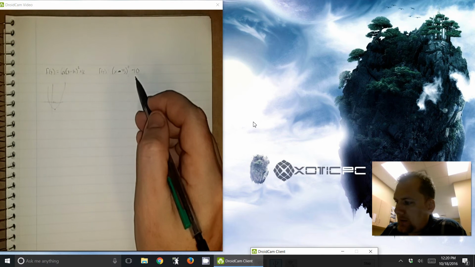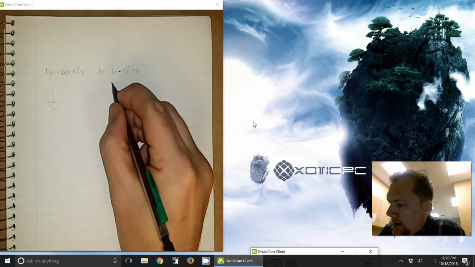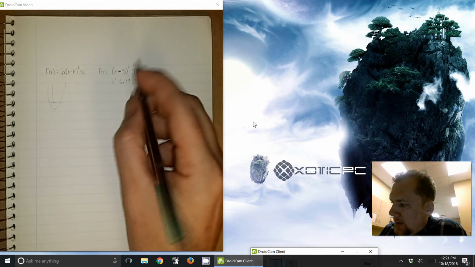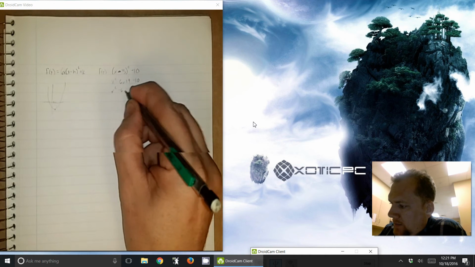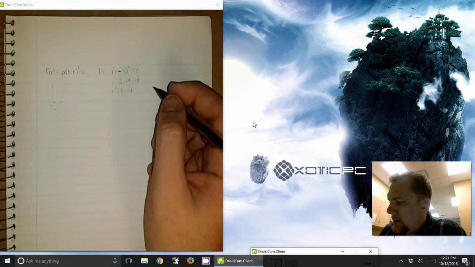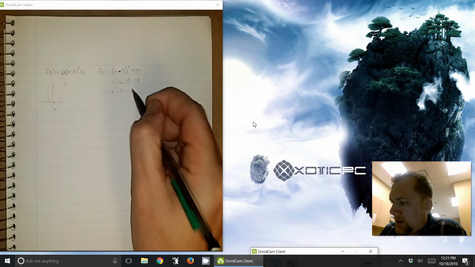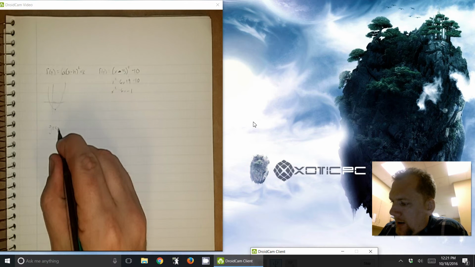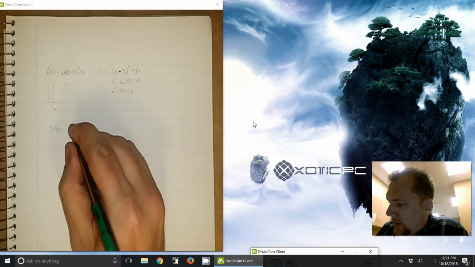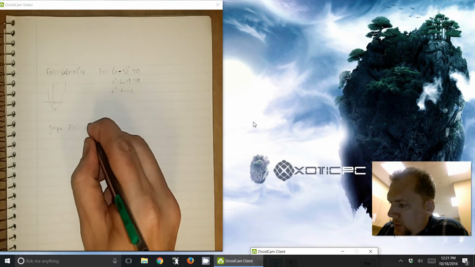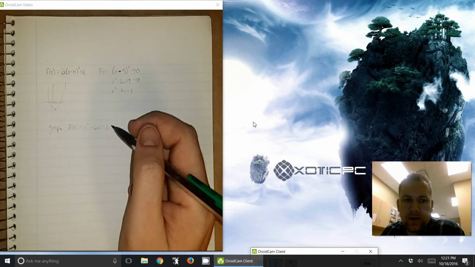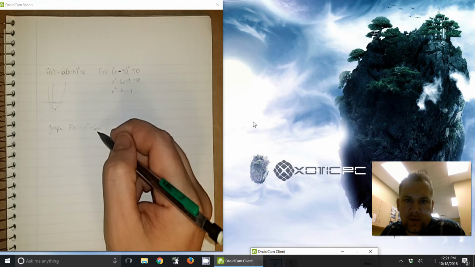So I would just do this, and now I just expand that, and then this gets you in standard form. So start the problem here. Let's say the problem was graph f of x equals x squared minus 6x minus 1, right? That would be like the problem I would give you.